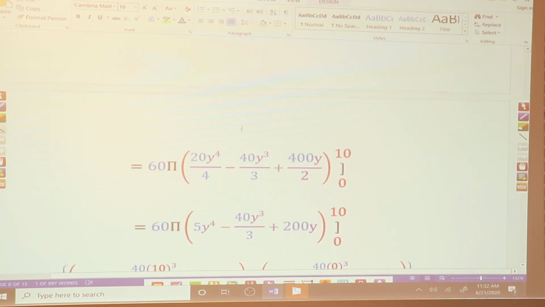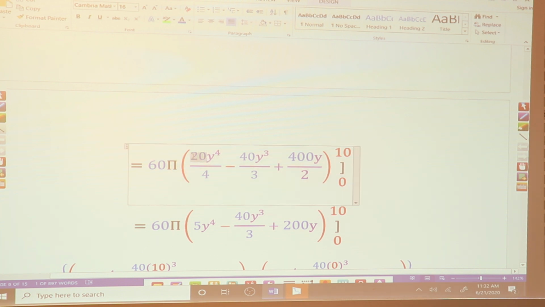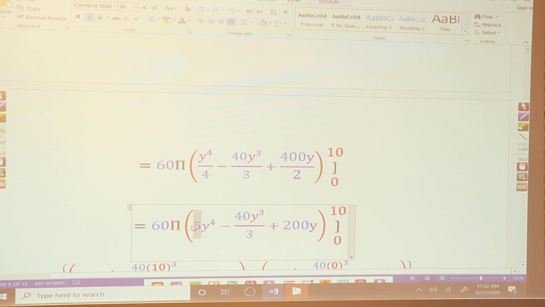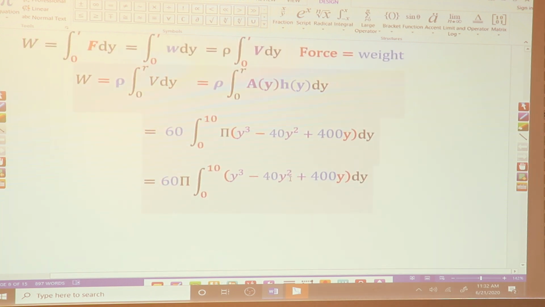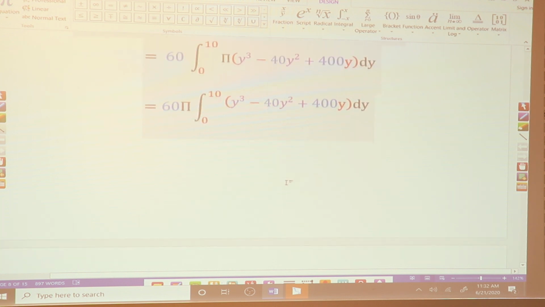This is going to be y to the 4th over 4. And 40y squared becomes 40y cubed over 3.